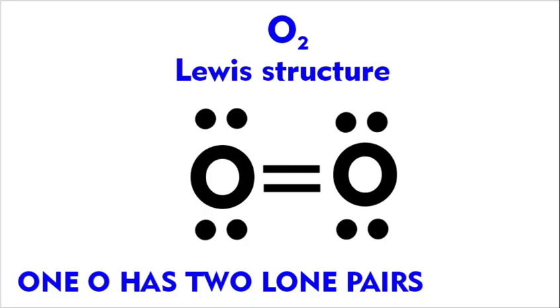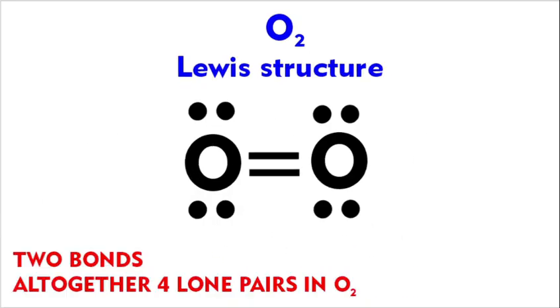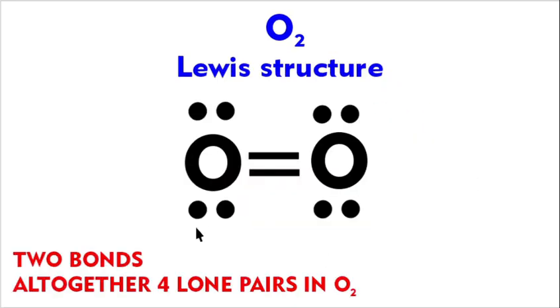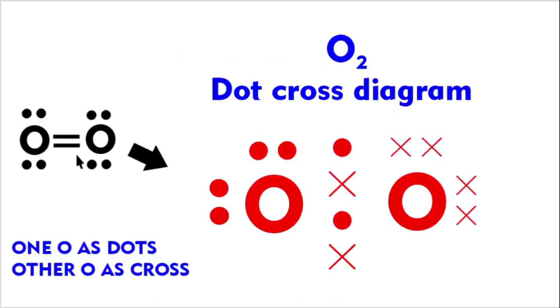Now this is the Lewis structure. If you want to convert this into a dot and cross diagram, what you have to do is this. 2 bonds are here. So 4 lone pairs are found in the oxygen molecule. This is actually oxygen gas. To convert this into a dot and cross diagram, as I said, the bond represents a dot and a cross, placed in a vertical position.